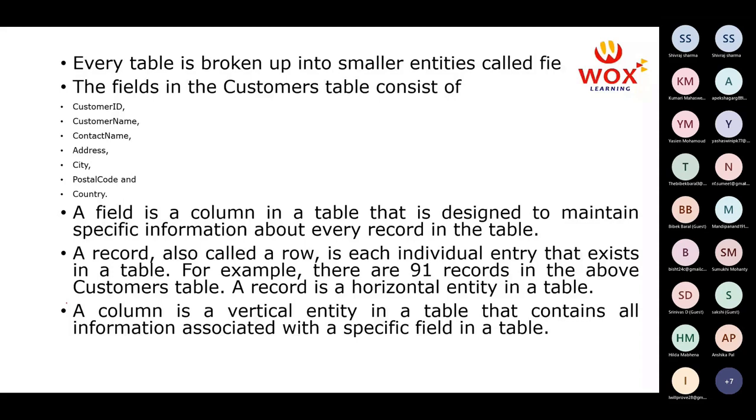The very first is customer ID, the second is customer name, third is contact name, then address, city, postal code, and country. So these are the headings in your customers table.